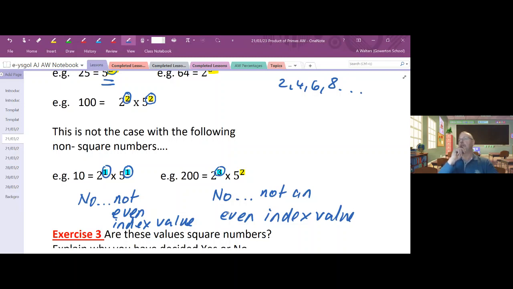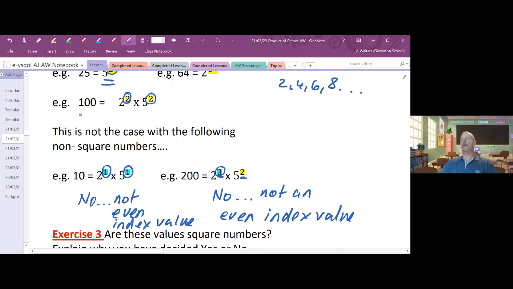Okay, so if the powers are 2, 4, 6, 8, then on both powers, because there's 2 powers here, isn't it? We consider both values. If both of them are a 2, 4, 6 or an 8, then you can say it's a squared number. All right.